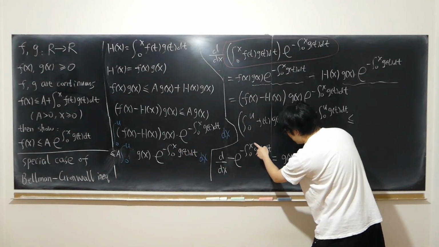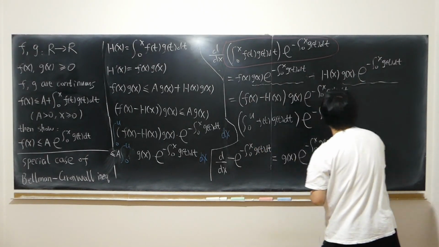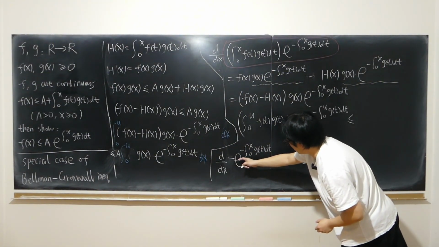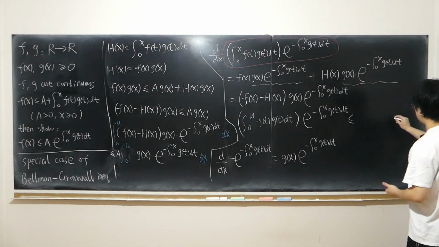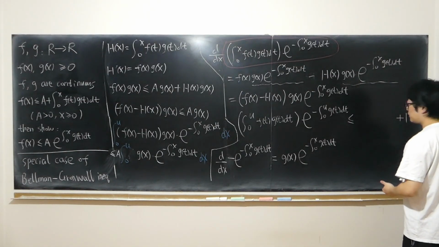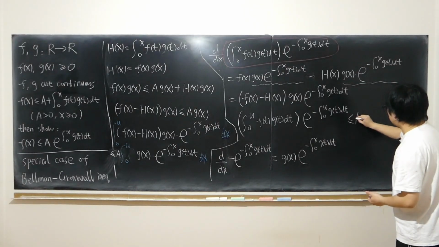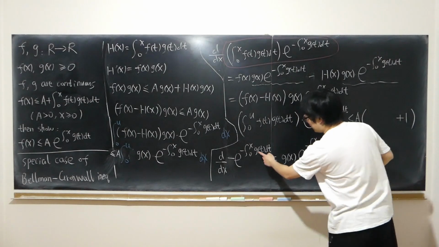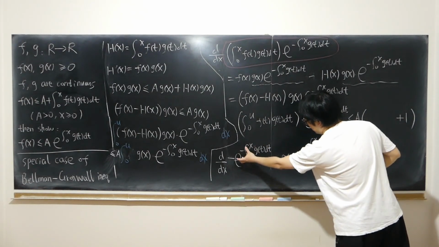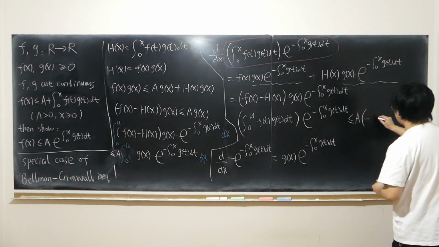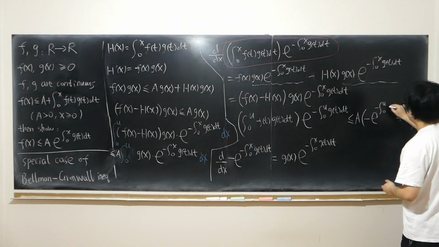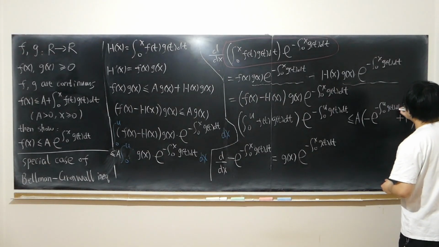Then you plug 0 in x, gives you e to the 0, that's negative 1. Minus negative 1, you plus 1. There's a out here. Then you plug u into x, you get negative e to the negative integral from 0 to u of g of t dt.